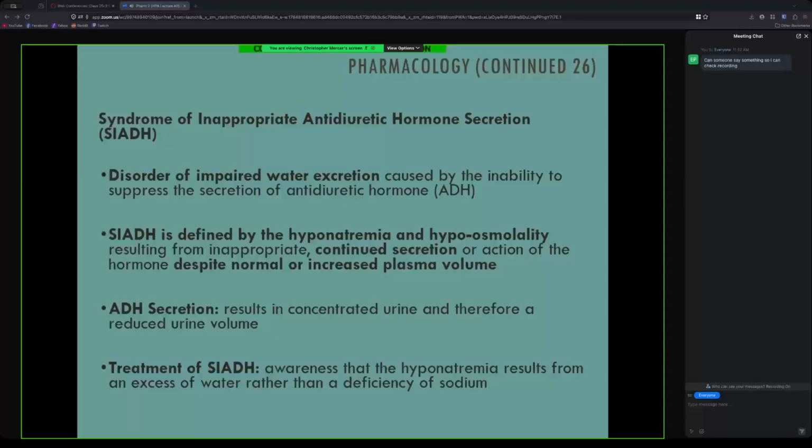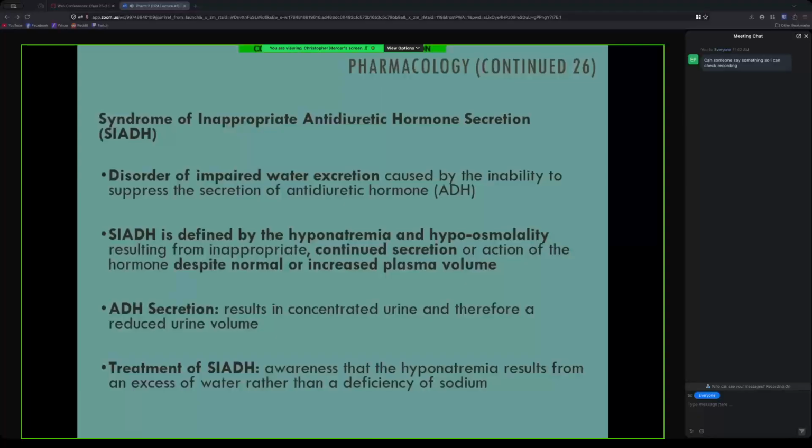So the key thing to think about for treatment when we talk about SIADH is that the hyponatremia is from water excess. This is not sodium based, it's the water, not a sodium deficiency. That's going to frame your treatment approach away from just give sodium, right? Because it's a water problem, not necessarily a sodium issue where you need to just add sodium. So remember that SIADH is a water problem, not a salt problem.